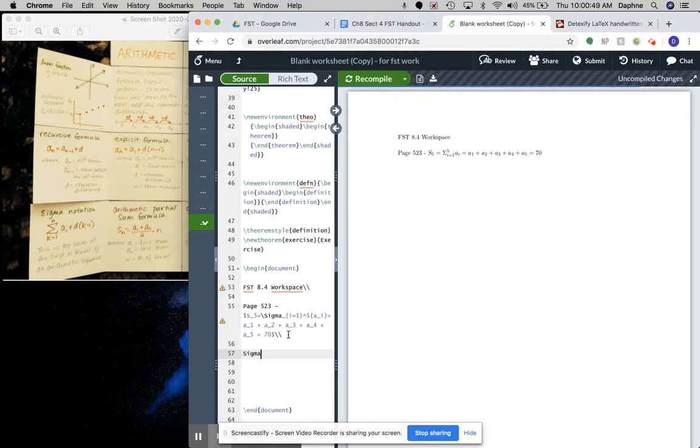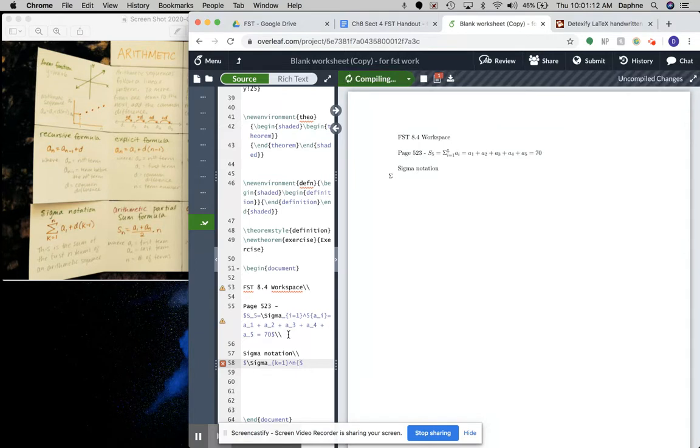For sigma notation, that header, we're going to have capital sigma. We're going to have an index starting with 1. Typically that index starts with k or i, both of those are perfectly good to use. And we're going to go to n terms.